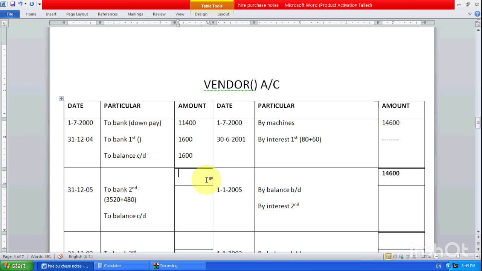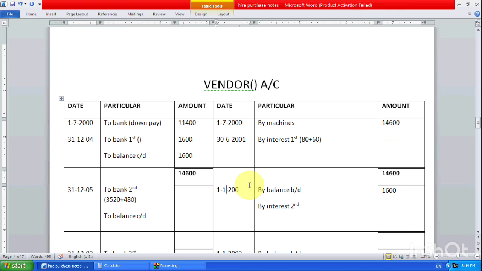Tally the ledger, 14,600. Now go for the next year. To balance carried down is 1600. By balance carried down is 1600.